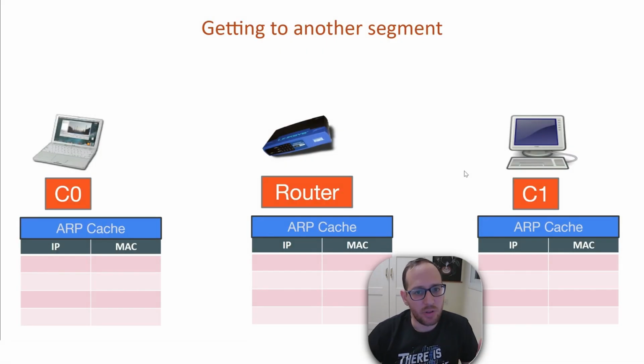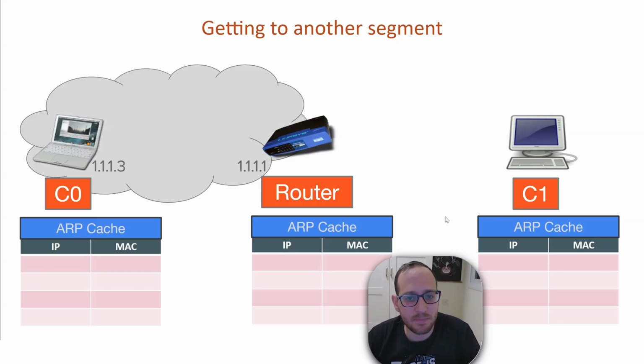Let's see this network. We have C0, computer 0, behind this router, and C1 on the other end. There might be other routers here, but for simplicity's sake, let's just assume it's a single router. Now, if we look at the network structure, that means that we have two different segments here and two different subnets. So the first network on the left, the gray network, has the subnet mask of, let's say, 111/24.